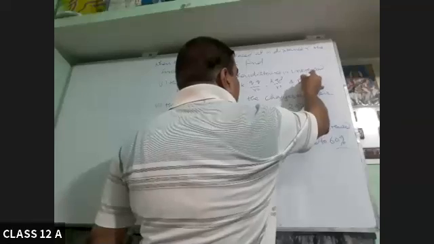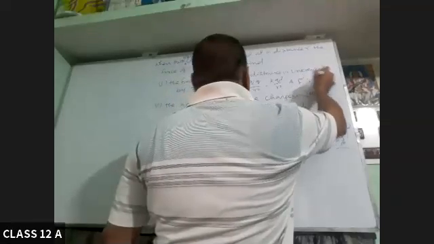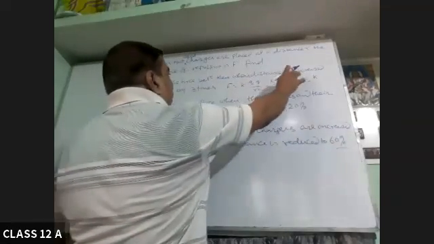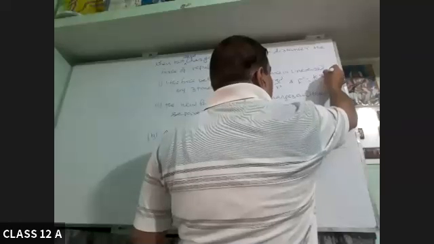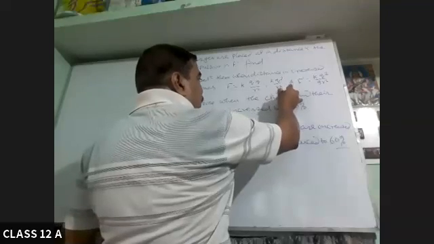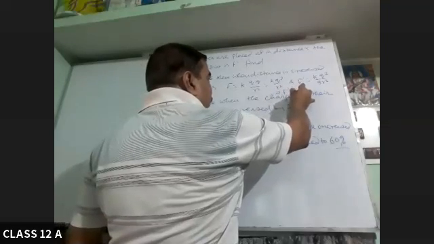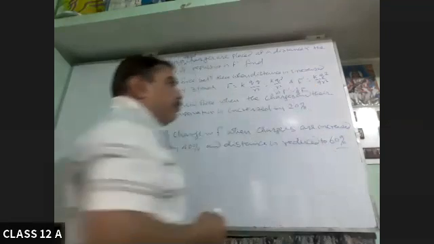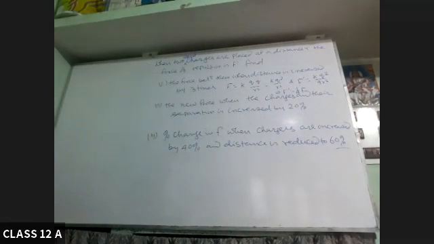And this F dash will be what? K Q square, only distance will increase 3 times. So Q is same. Now distance will become 9 R square. So what is the result? This F dash will become 1 by 9th of F.